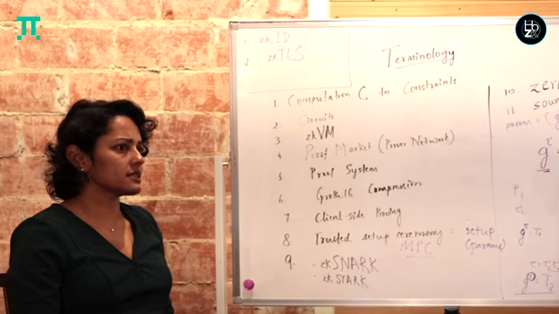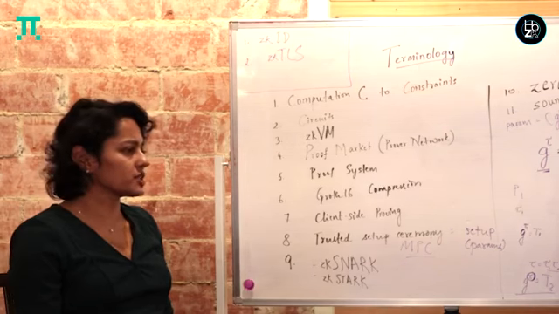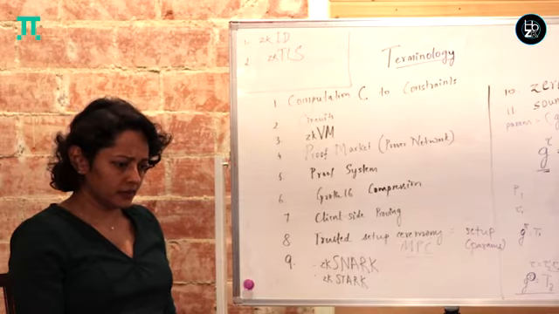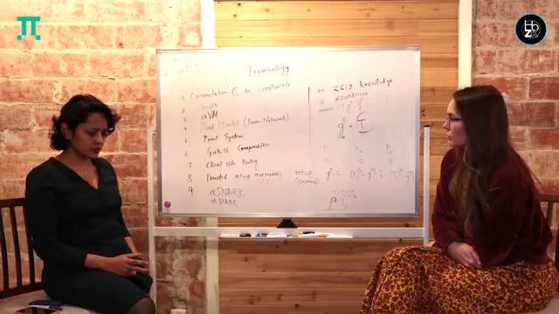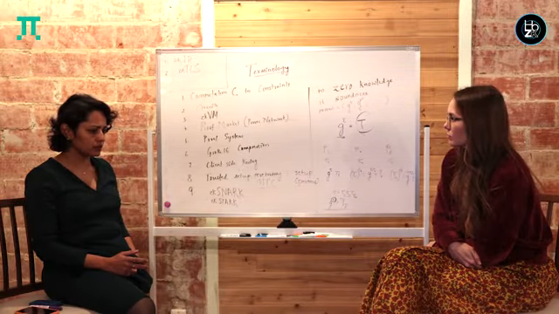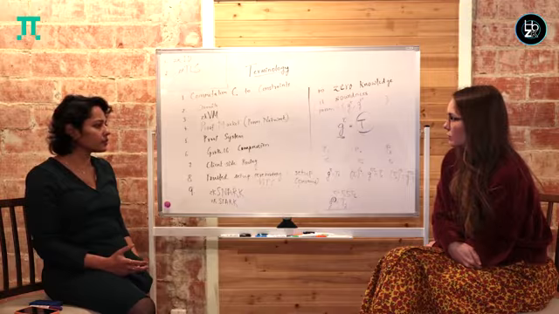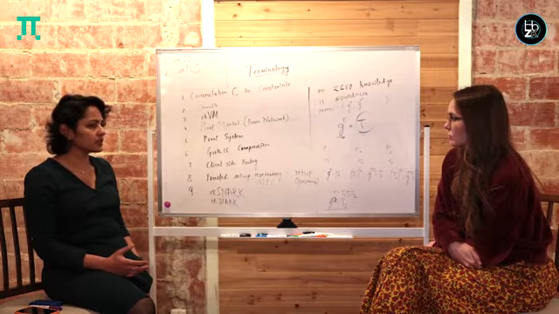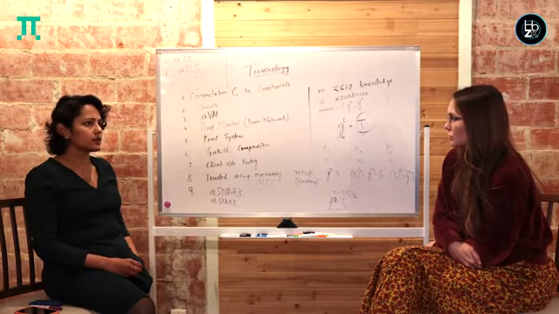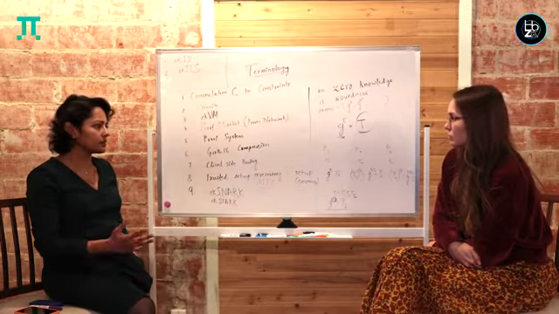So here is a specific situation where ZKTLS can be useful. Imagine you going to apply for a loan, and you need to prove that you have a certain credit health. Let's say you want to prove that your credit score is over 800, right?